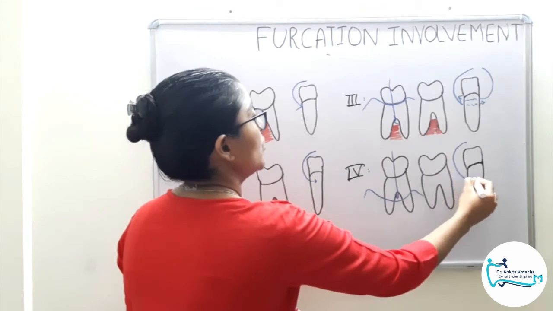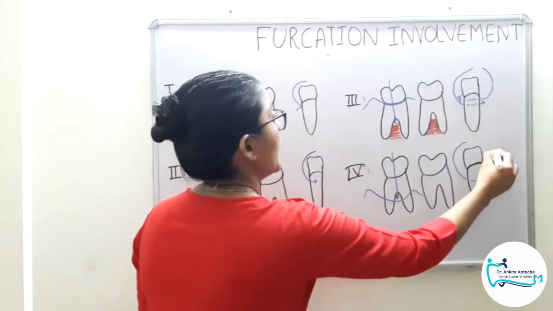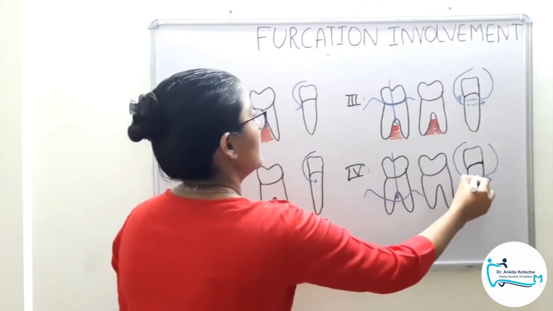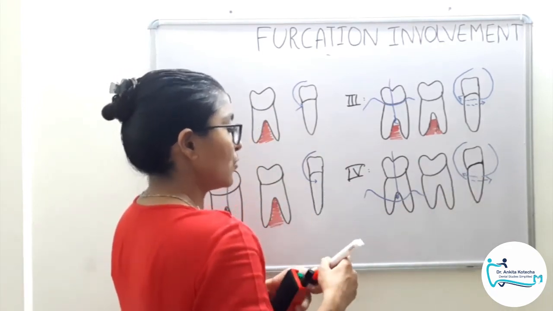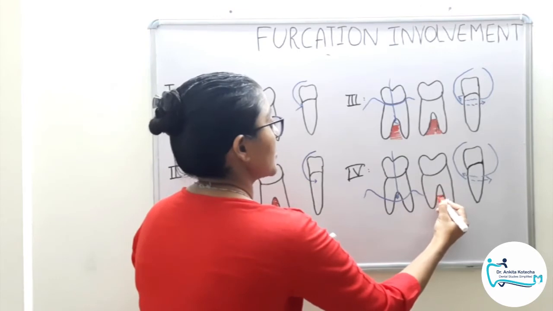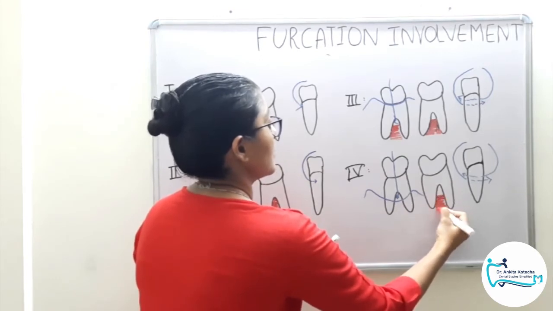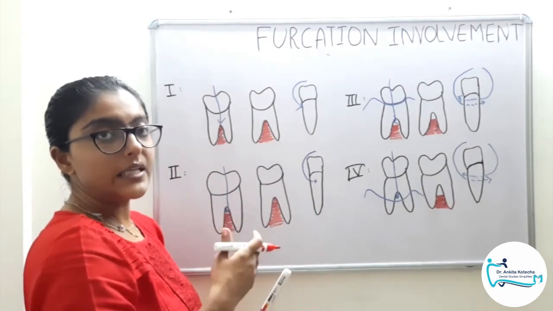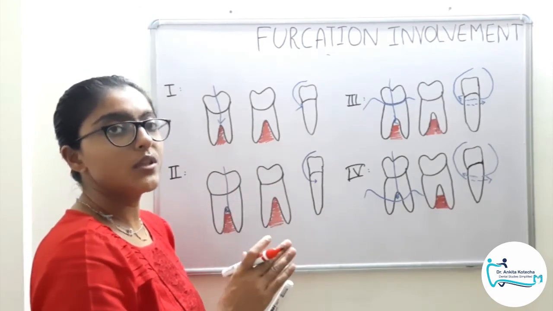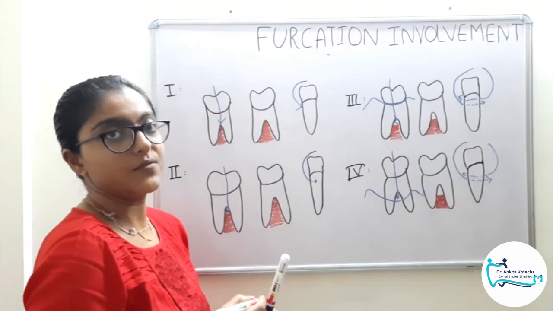That is, with our Nabers probe it is a through and through penetration from either side, and on radiograph it will show total bone loss in the interradicular region. These are the features clinically and radiographically for all the 4 grades of Glickman's classification.